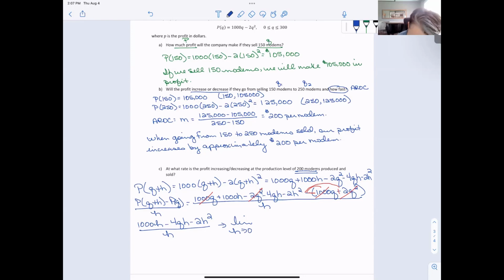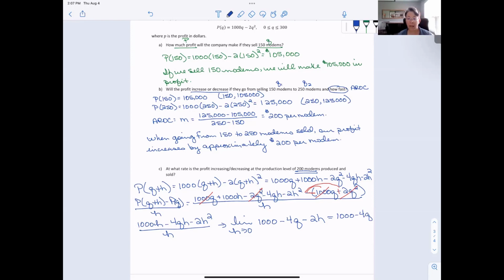The H in the first term reduced, leaving us with 1,000. The H in the second term reduced, leaving us with a -4Q. And one of the H's in the last term is going to reduce, leaving us with a -2H. And if we take the limit as H goes to 0, that gets rid of our last term, and we're left with 1,000 minus 4Q.